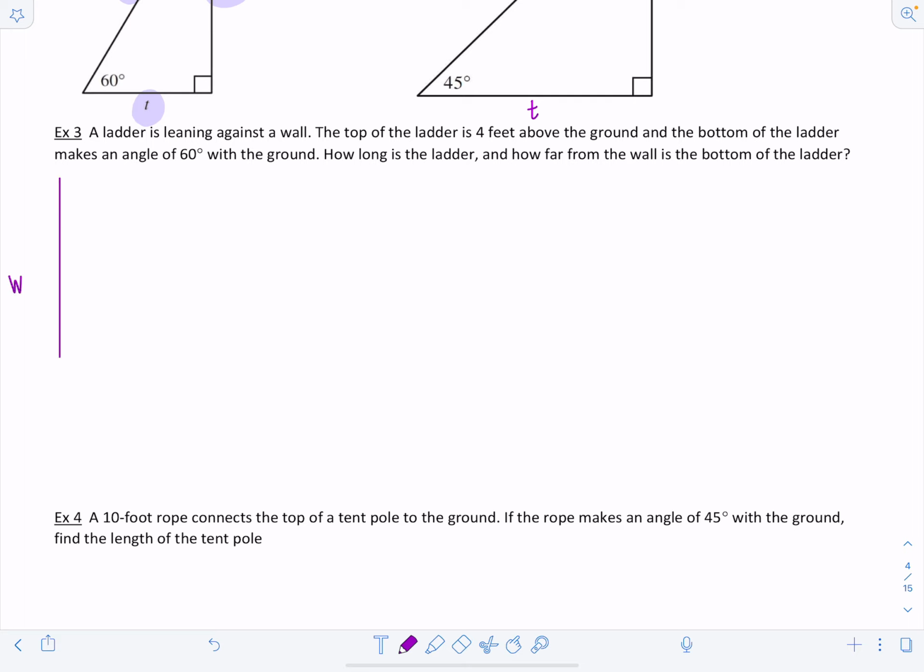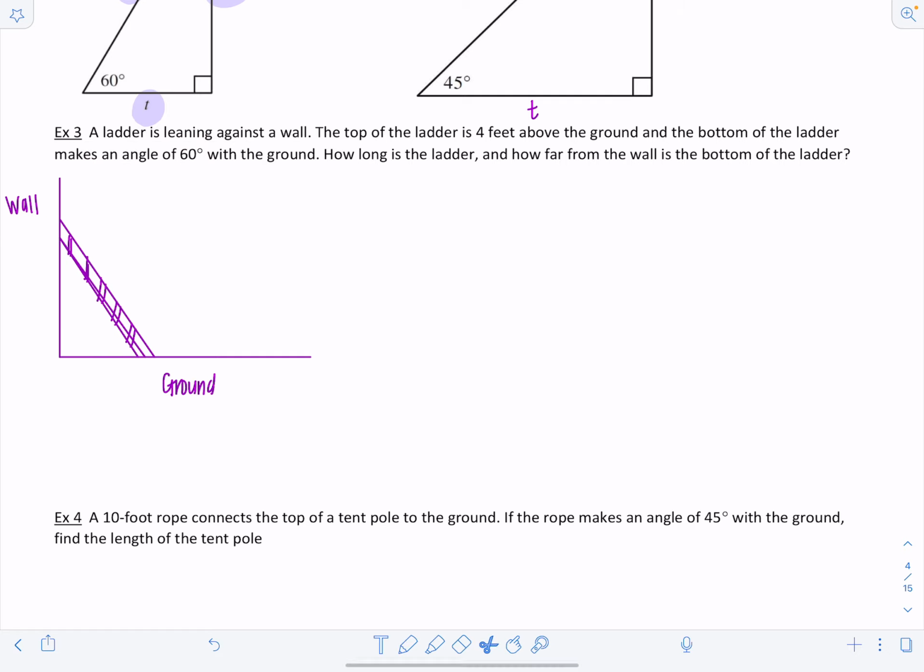Here is the wall. Here is the ground. And a ladder is leaning against the wall. So here's my ladder. All right, nice little ladder. And the top of the ladder is 4 feet above the ground.